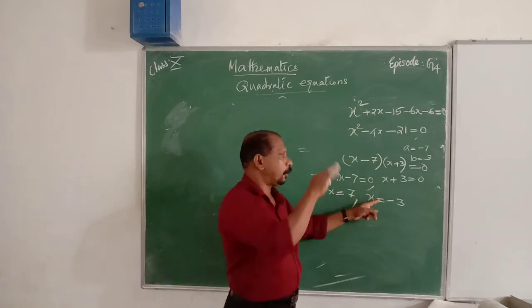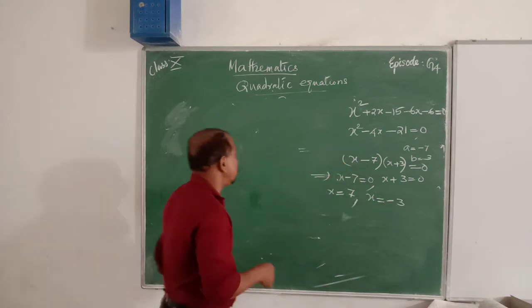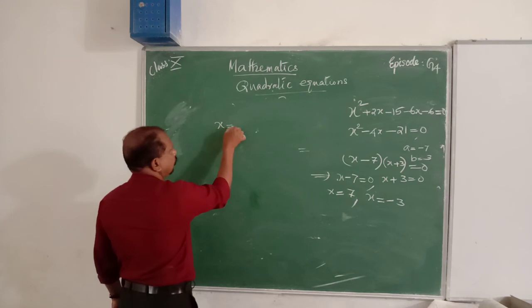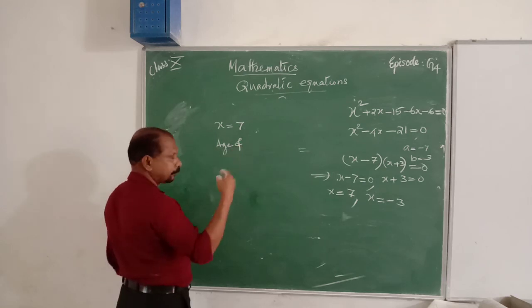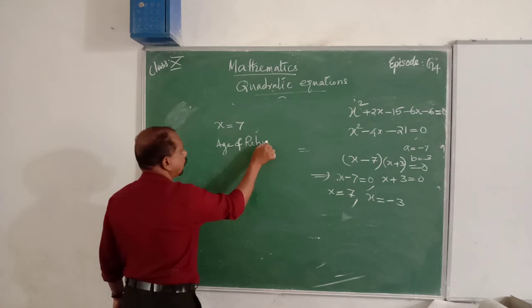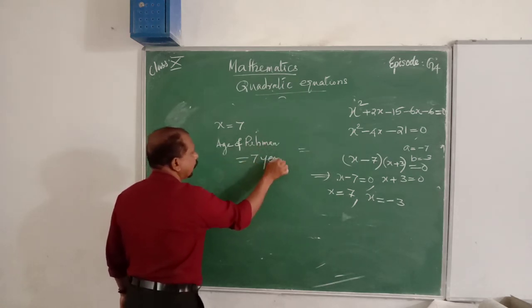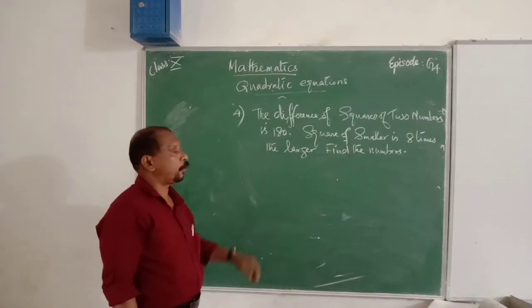Age is not negative. Therefore, x is equal to 7. That is the age is equal to 7 years. Then the fourth question is a word problem.